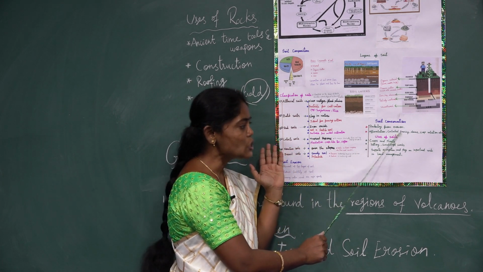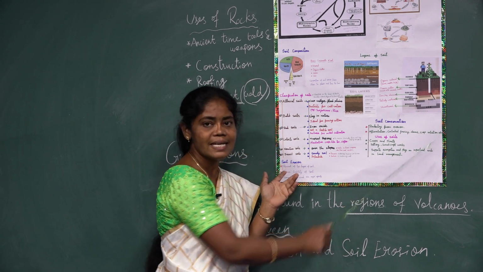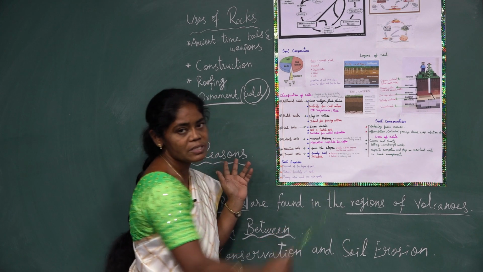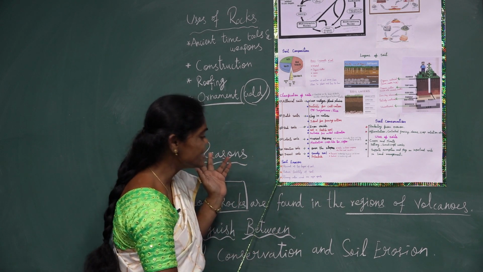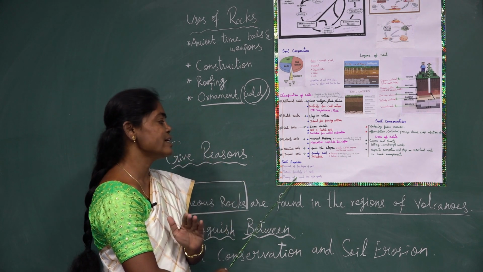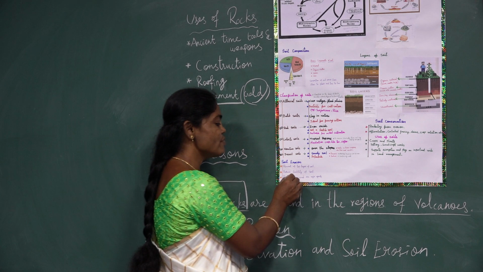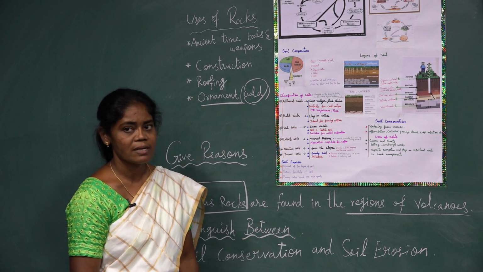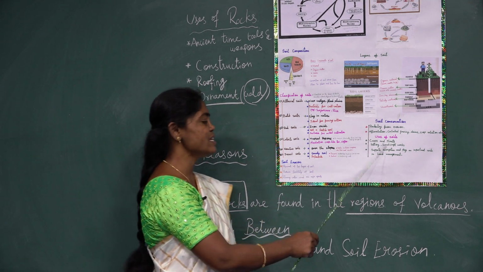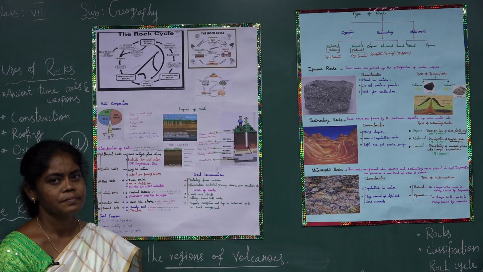Afforestation, controlled grazing, dams, crop rotation, etc. Here, running water and wind take out the fertile soil, so there is no fertility in the soil. So this is the difference between soil conservation and soil erosion.